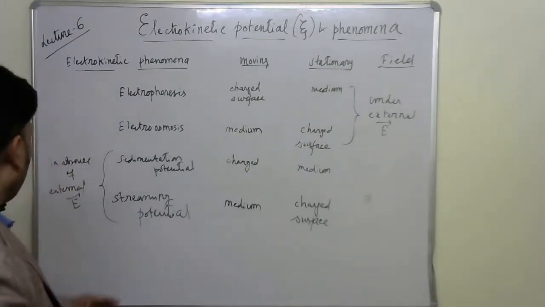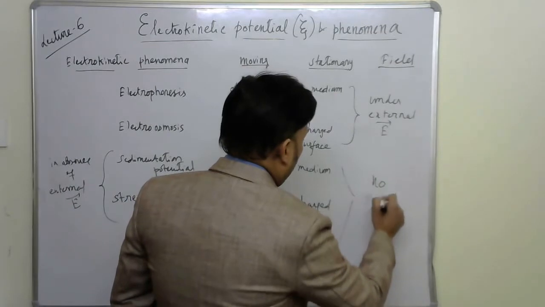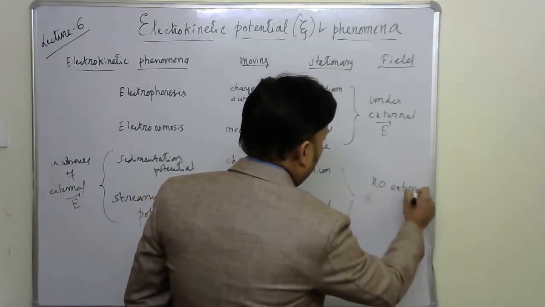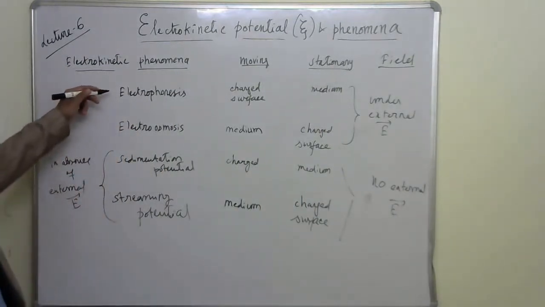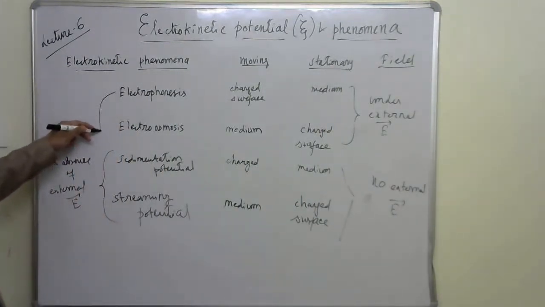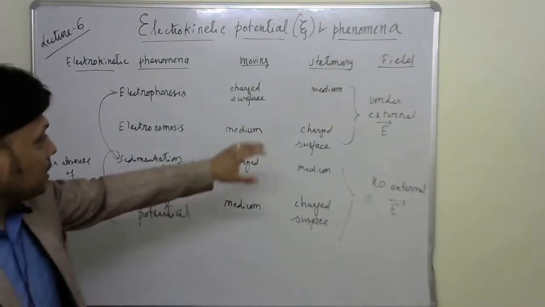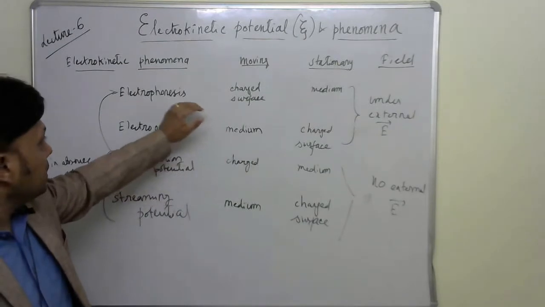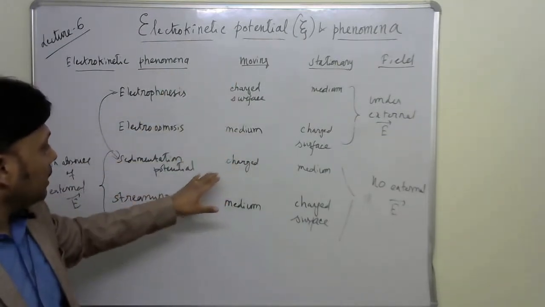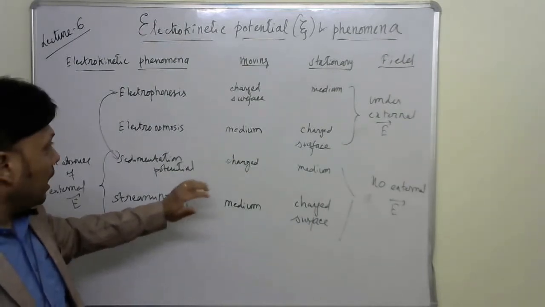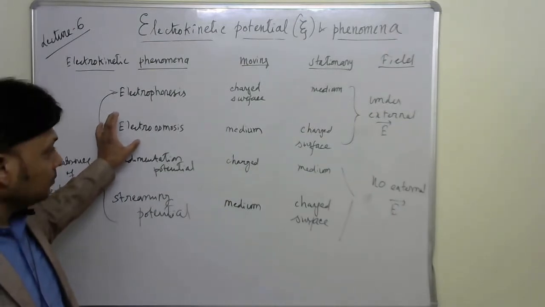And of course we have categorized already, there is no external electric field. So therefore, electrophoresis is related to sedimentation potential. Once the external field is applied, we see electrophoresis. But if the same movement happens without an external field, we get sedimentation potential. And under external field, if the medium gets moving, we get electro-osmosis.